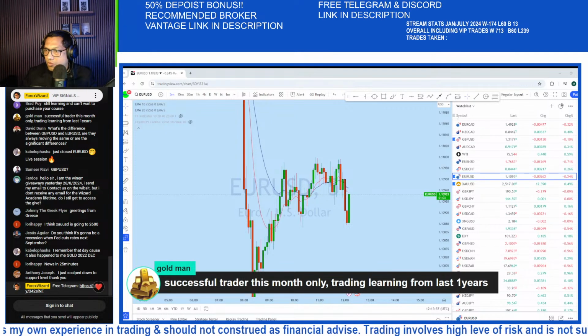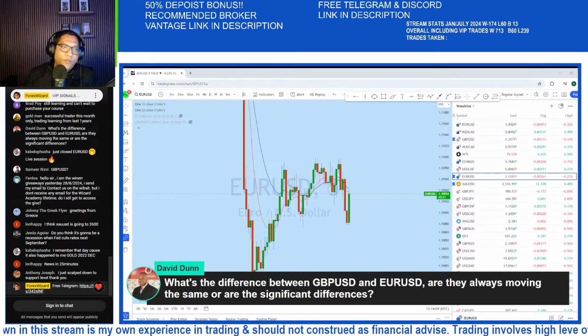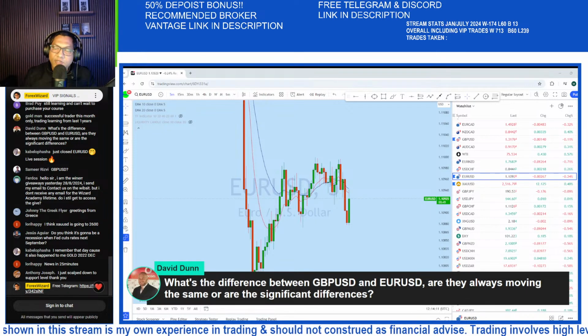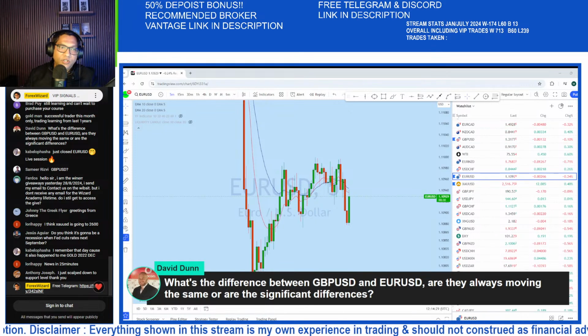David Dunn, what's the difference between GBP USD and EUR USD? Are they always moving the same, or are there significant differences? There's no significant differences. They more often will move in a similar fashion, but GBP USD is more volatile than euro dollar because of the nature.